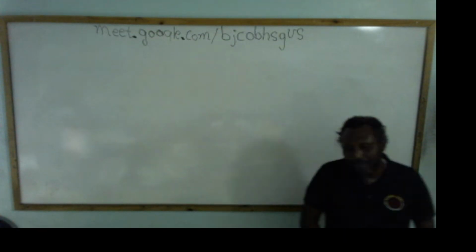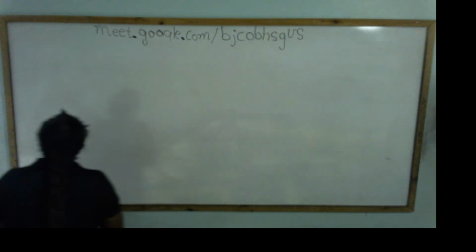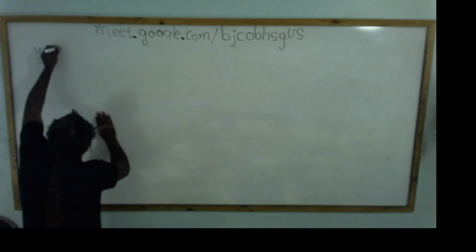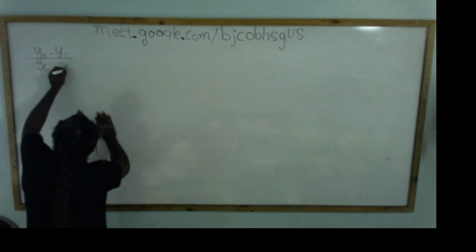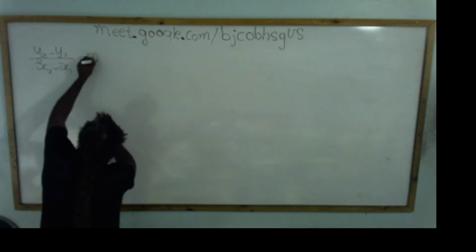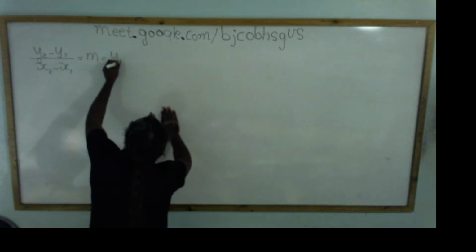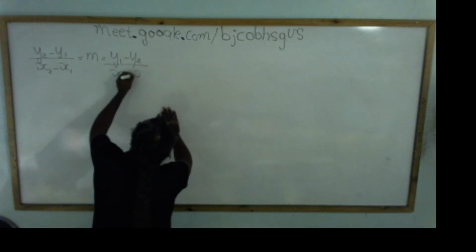Did we use the parameters, where we say that (y2 minus y1) over (x2 minus x1) is equal to the gradient, is equal to (y1 minus y2) over (x1 minus x2)?